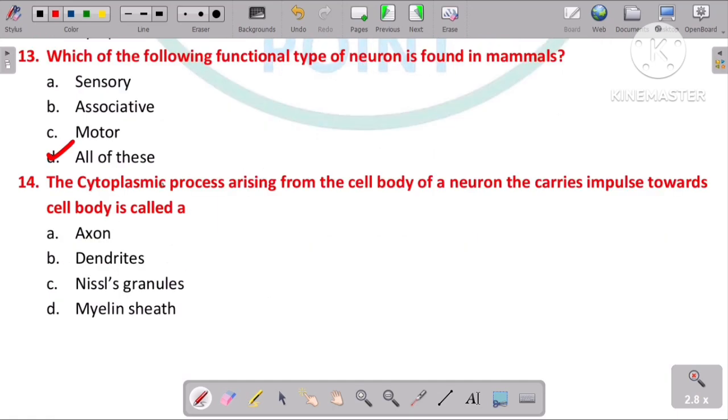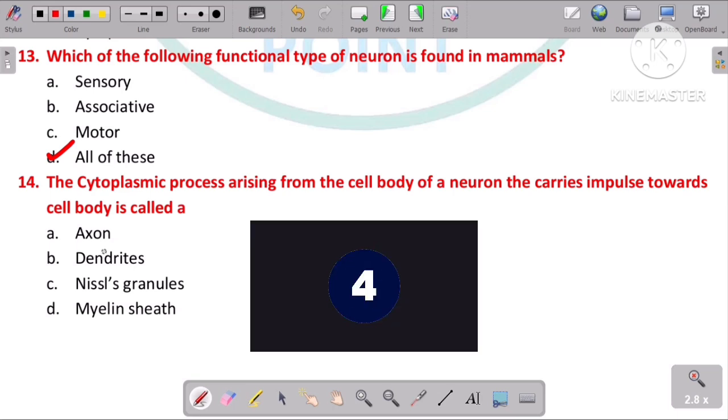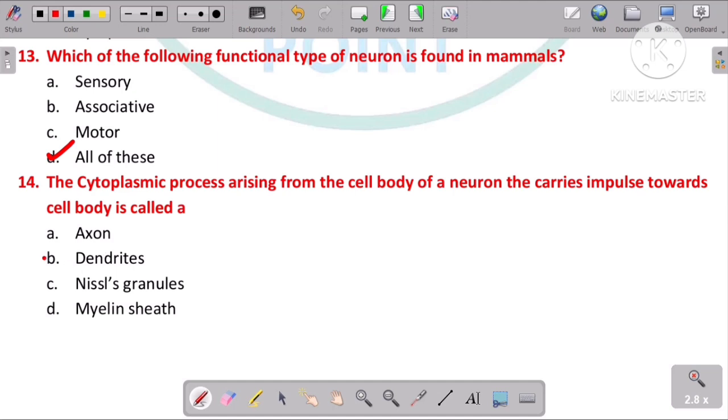So the next question is: cytoplasmic processes arising from the cell body of a neuron that carry impulses toward the cell body are called... So the right option is option B, dendrites.